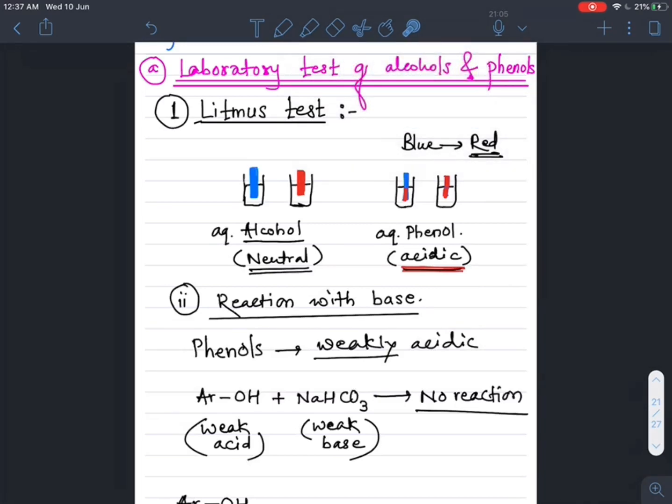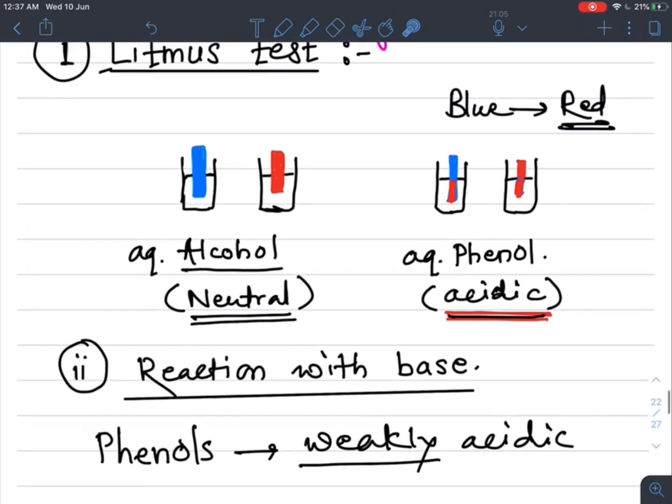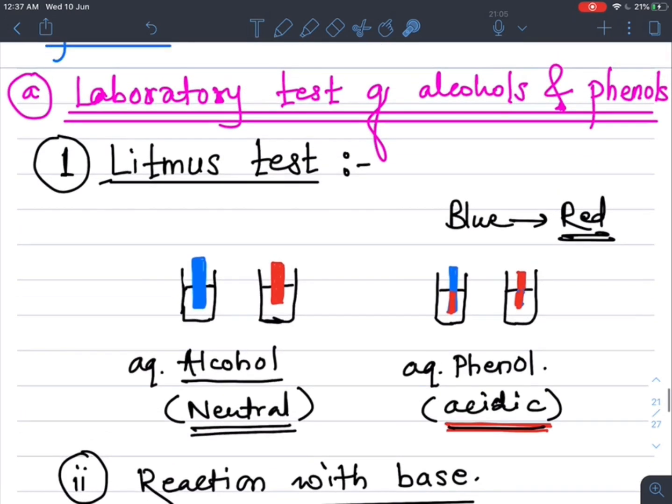See here, this is the first test, that is the litmus test, a laboratory test for the alcohols and phenols. In the aqueous solution of alcohol, red litmus remains red, blue litmus remains blue. It means alcohols are neither basic nor acidic, they are neutral in nature.